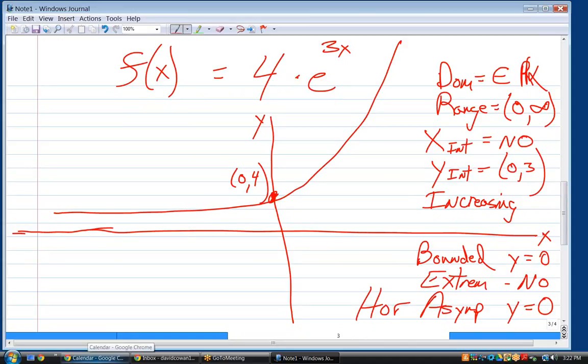Y-intercepts? (0, 4). Increasing or decreasing? Increasing. Bounded? Yes. On which end and by what line? y equals 0. Okay, any extrema? No. Any horizontal asymptote? Yeah, y equals 0.